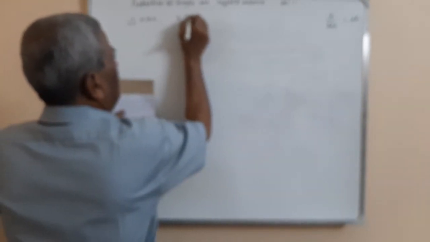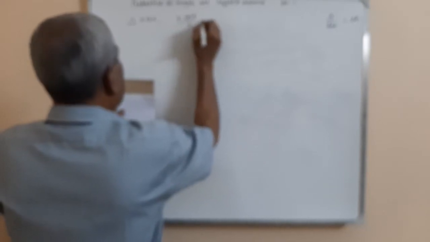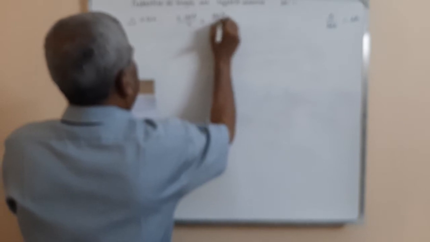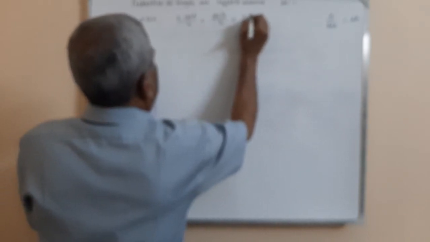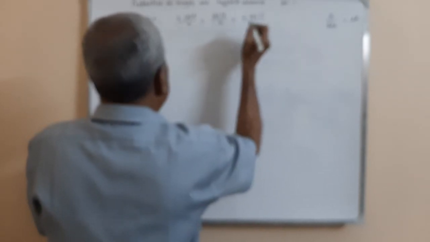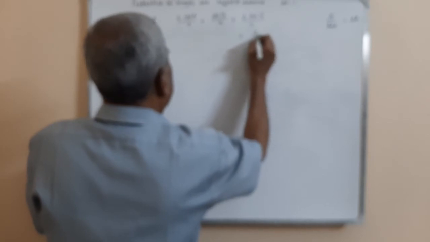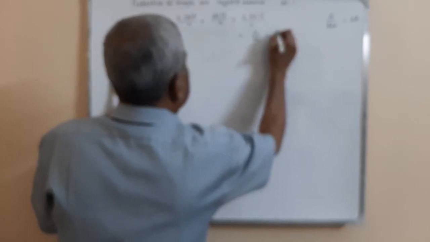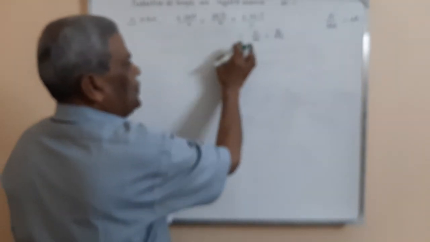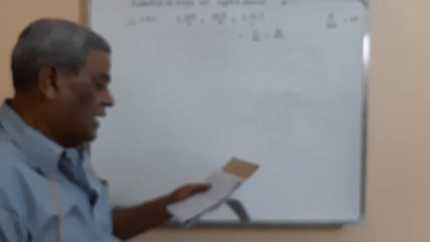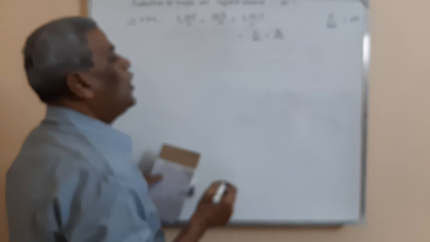In triangle ABC, if 2 cos A by A plus cos B by B plus 2 cos C by C is equal to A by BC plus B by AC, in this triangle ABC, if this is the situation, then angle A is how much?